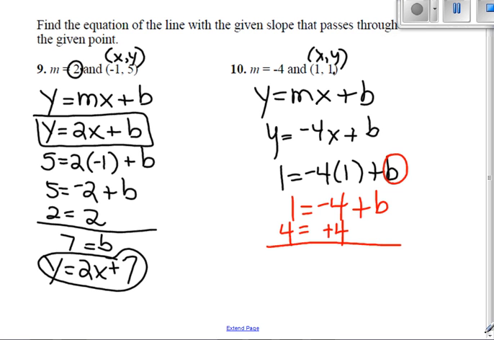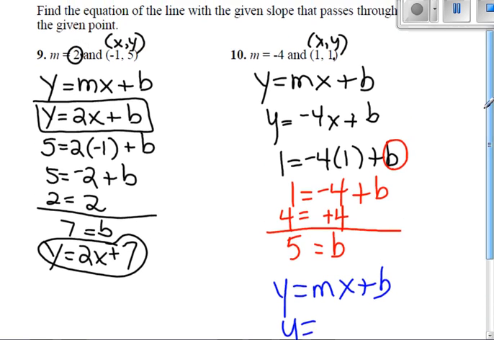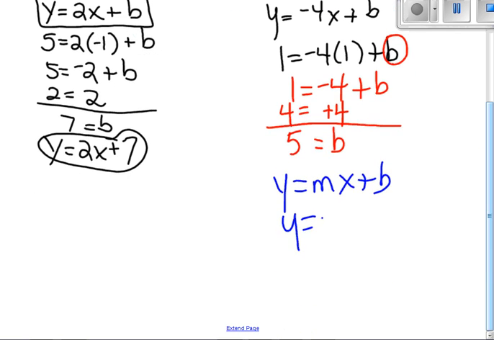No, add. 5. I check, that's 0. That's right. And then I finish the problem. I have to put in y equals mx plus b. So y equals, well, what was the slope? I forgot. Oh, it's negative 4. Got to go back and read it. Plus 5.